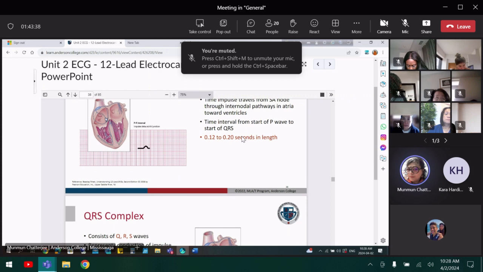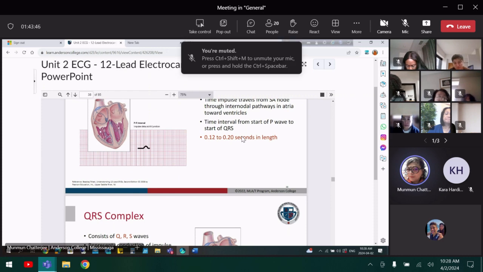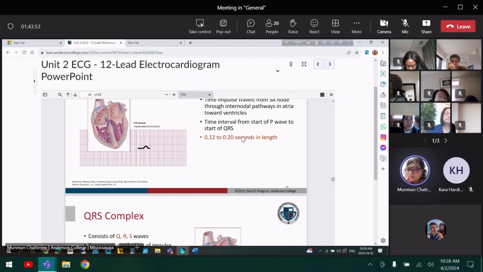Then it takes a little time to signal the AV node because the ventricles need to be filled up. When the atria contract, these valves open, and the ventricles fill from the atrial chambers. To give time to fill the ventricles, there is a little delay. That is called the PR segment.